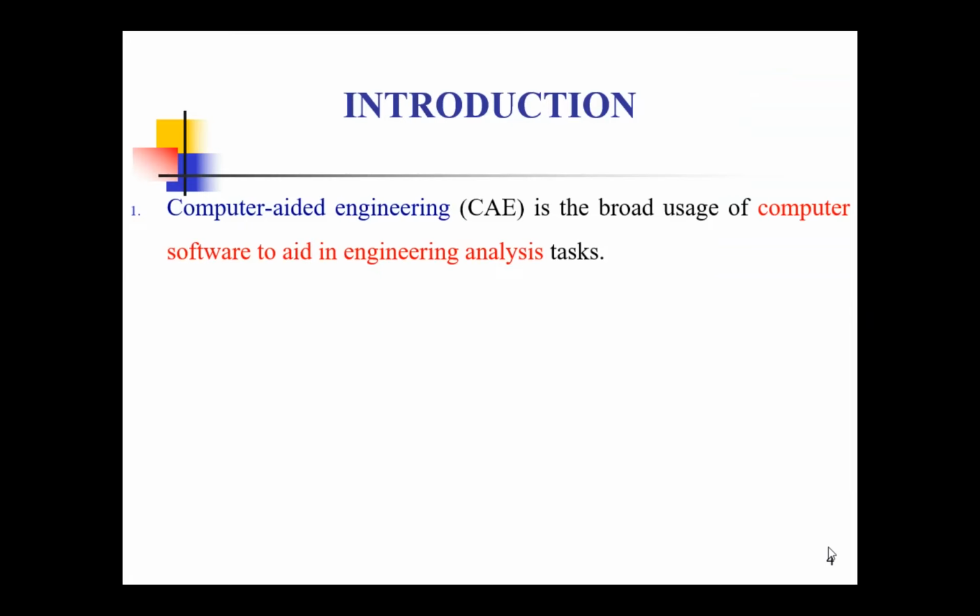The engineering task may be analysis of a beam, analysis of a component, analysis of an automobile body, analysis of a chassis, or in our case, analysis of a machining process. So here in this case, we are going to use computers to perform some engineering task, and that is CAE, computer aided engineering.